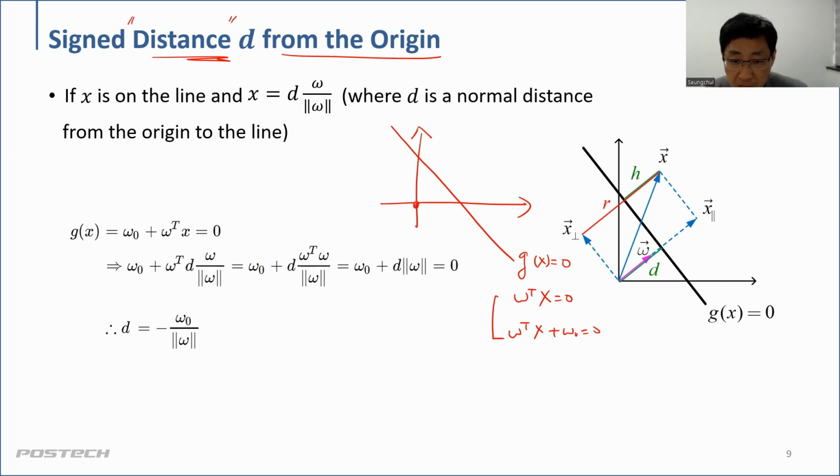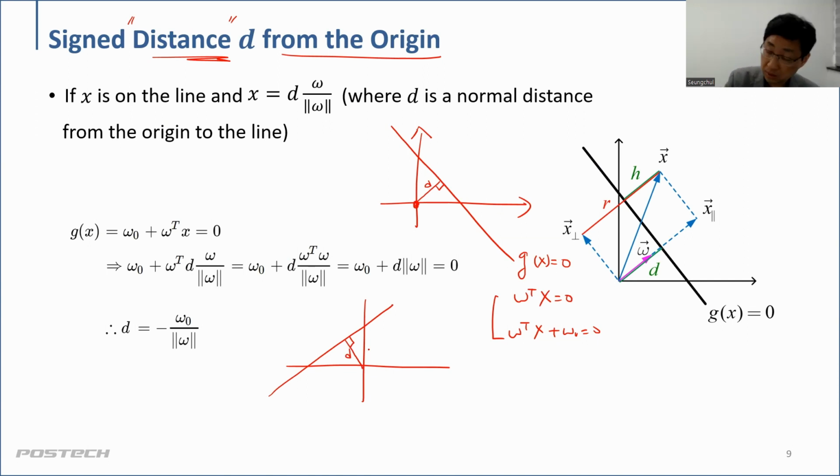This is the origin, and this is the distance that we are looking for. This is going to be the distance from the origin. I guess you know what I'm talking about.